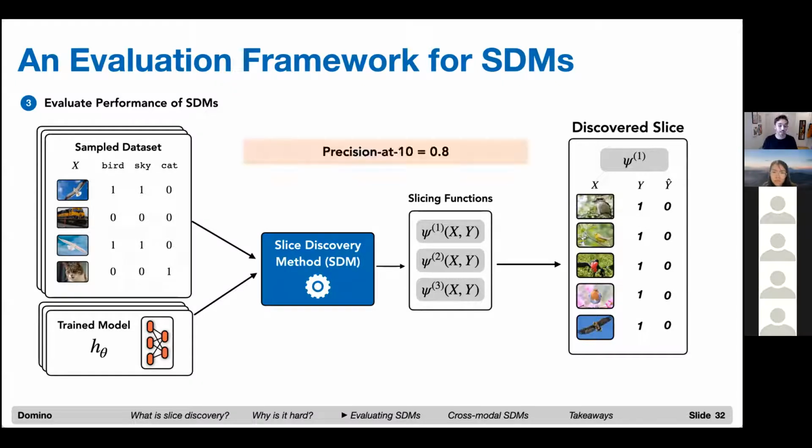To measure this quantitatively, we compute precision at 10. This essentially measures the proportion of the top 10 elements in the discovered slice that are also in the ground truth slice. So for this correlation setting, since we set our ground truth slice to be the set of images of birds with no visible skies, we got a precision at 10 of 80%, since there's one image of a bird with the sky in the background.